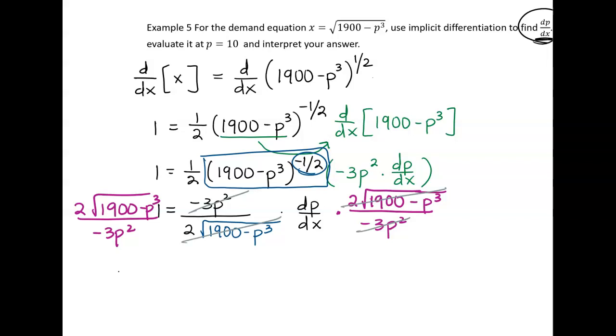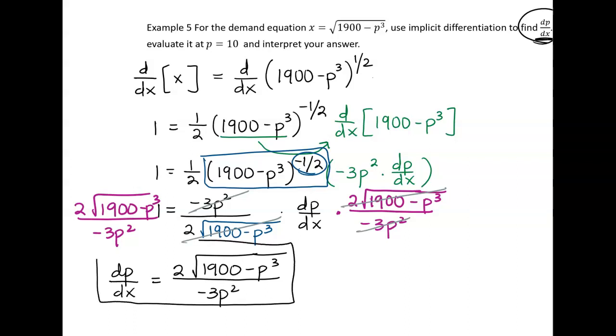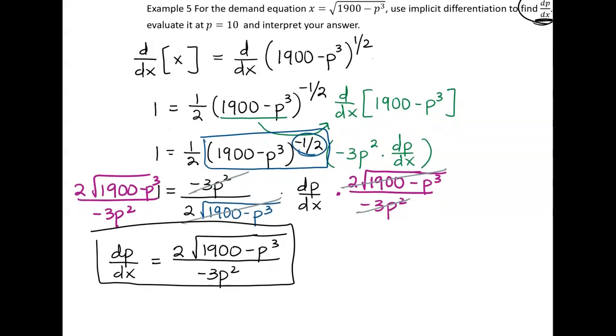I'll start with the right side first because that's what we're trying to solve for. So now we have dp dx equals just that fraction. This was all just multiplied by 1, and so nothing changes. So here is dp dx.